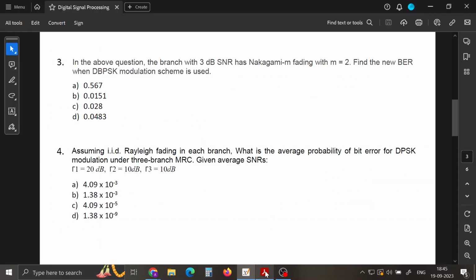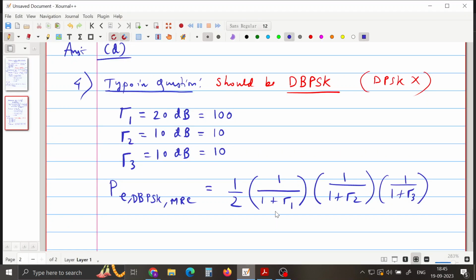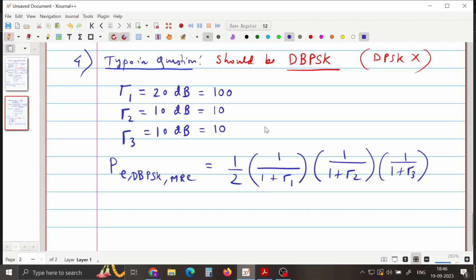So you see, they are using the term IID here as well. But this gamma 1, gamma 2, gamma 3 are not equal. But anyway, they are independent surely, so you just have to take the products.